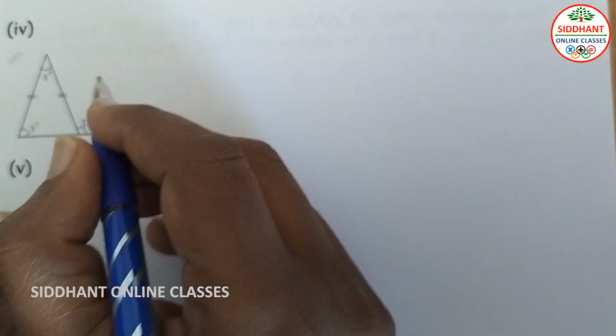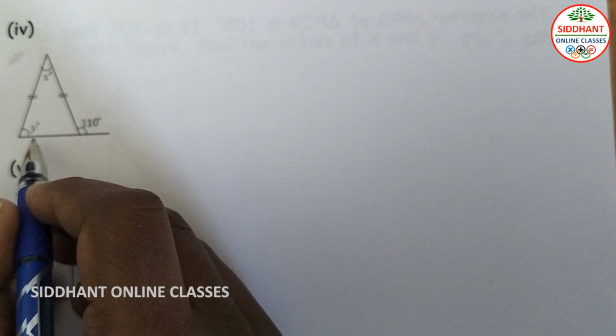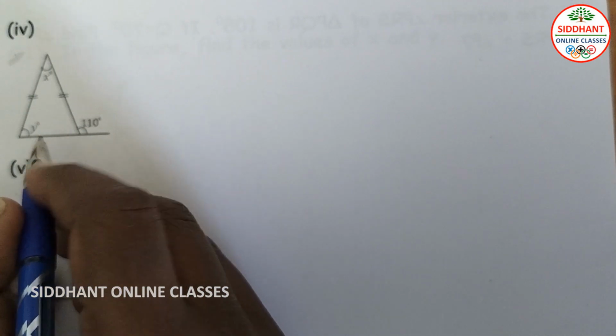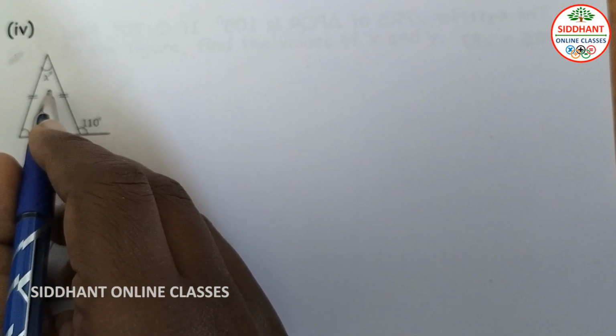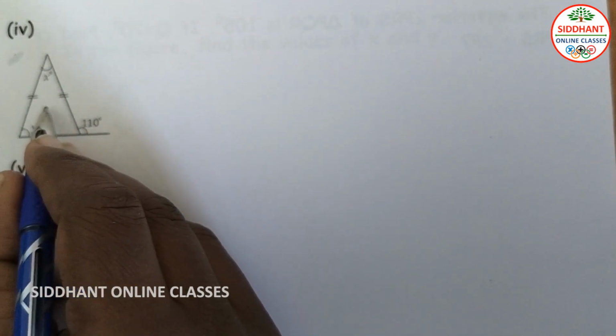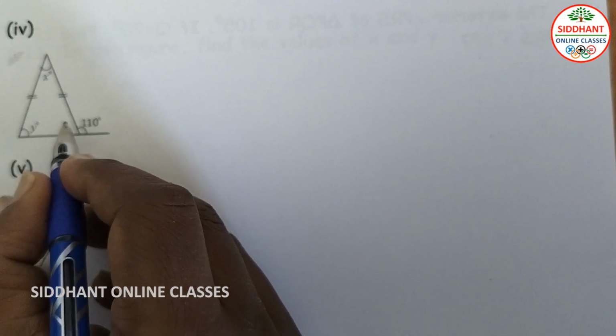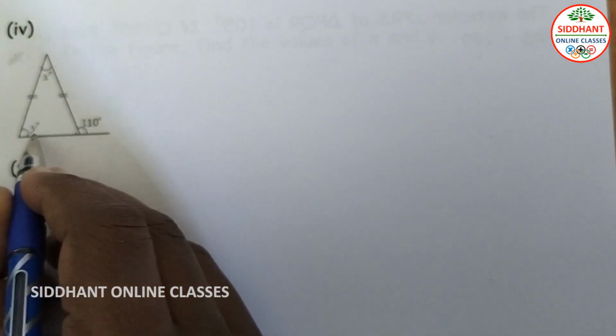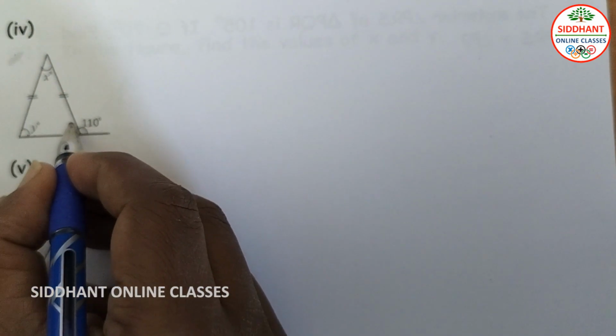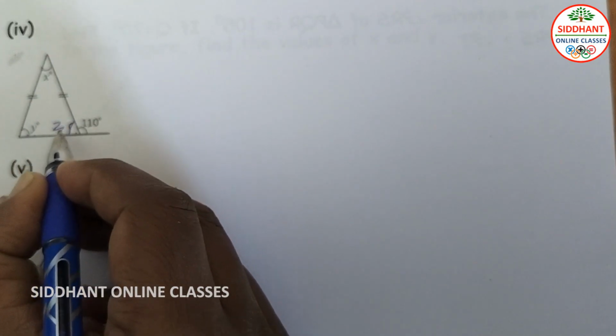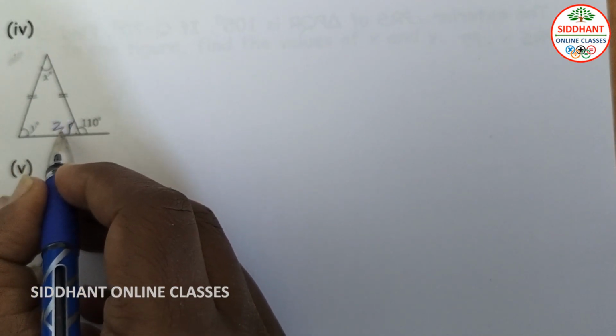Next, fourth one. In this figure, y we are going to find out, x we are going to find out, and here sides are equal. When sides are equal, this angle and this angle are equal. So here, suppose this is z degrees. How are you going to find it out?